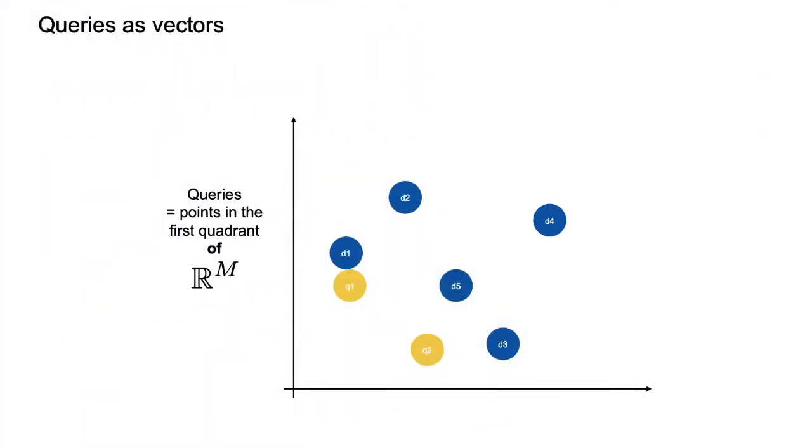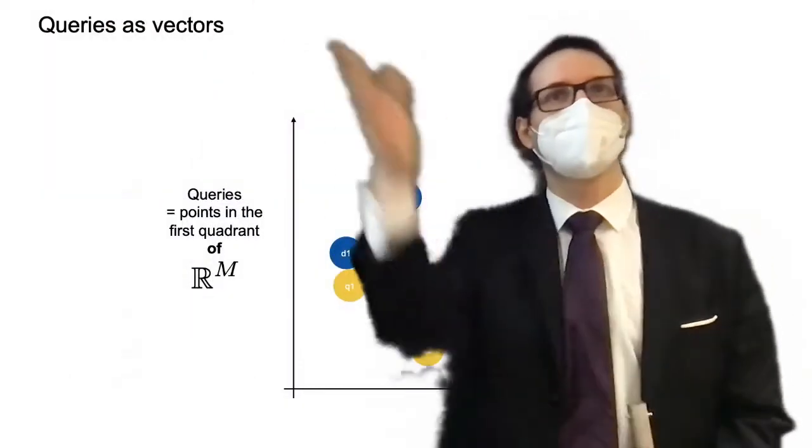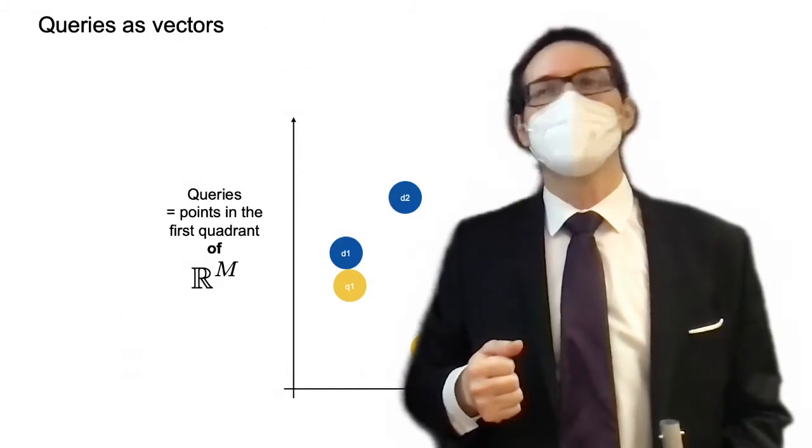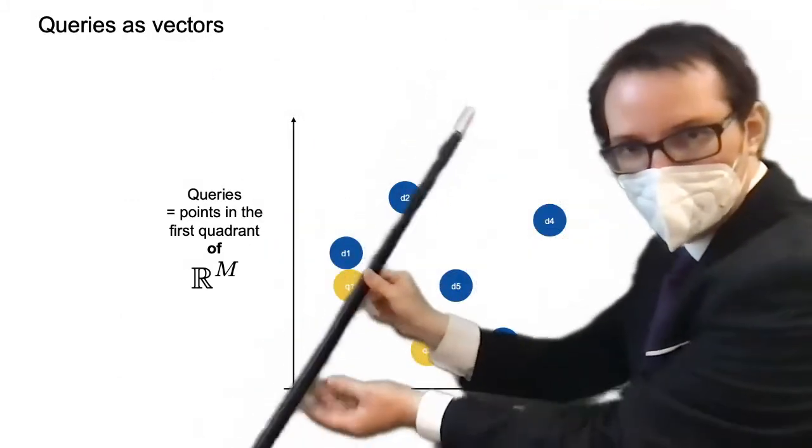What about query 1? What are the top ranked documents if I query with query 1, Q1? On Zoom, maybe? Nobody on Zoom? Yes, go ahead. D2, yes. You see what I'm doing here.